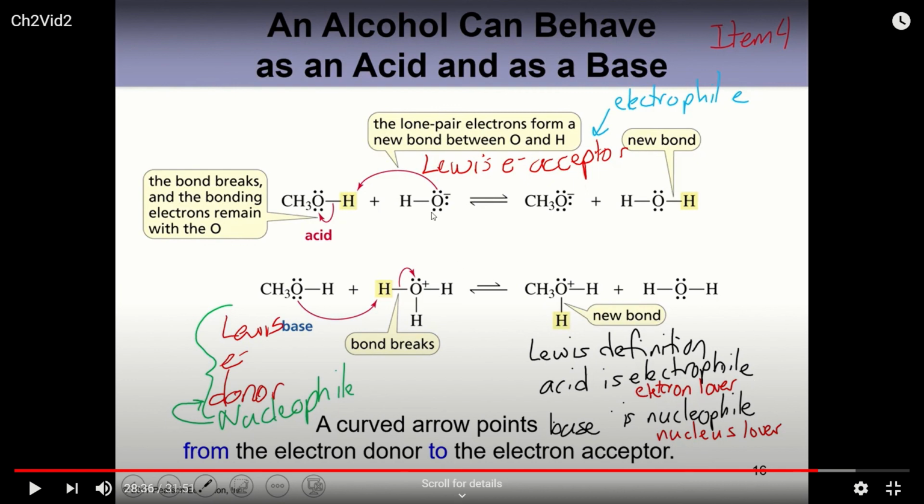But it will be helpful to look at these definitions so that we can get used to identifying the characteristics of an electrophile, how I know what's going to be the electrophile, and the characteristics of a nucleophile, and how I can identify a nucleophile. Or how can I identify a Lewis acid, and how can I identify a Lewis base?